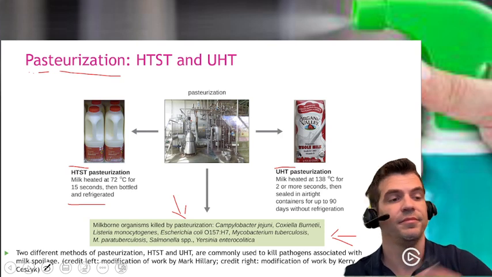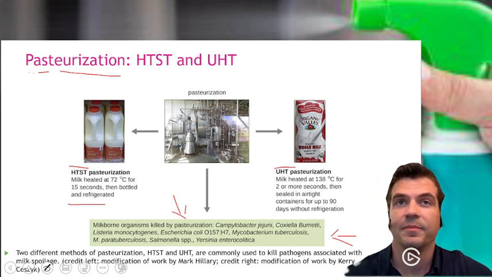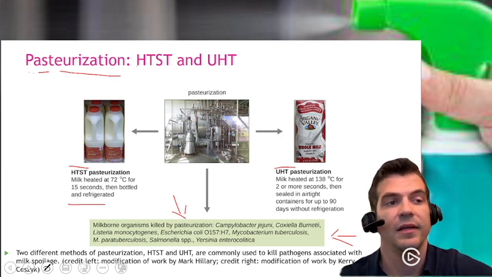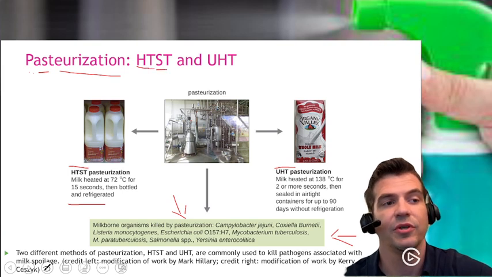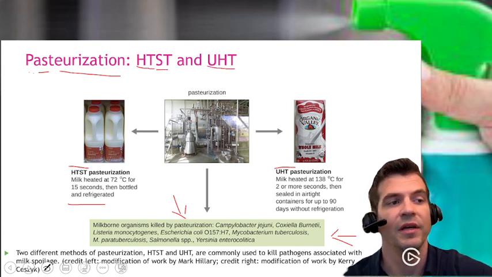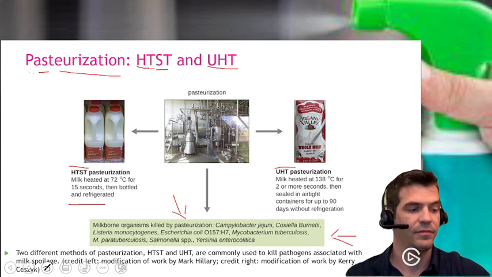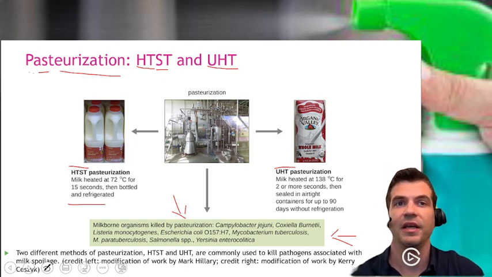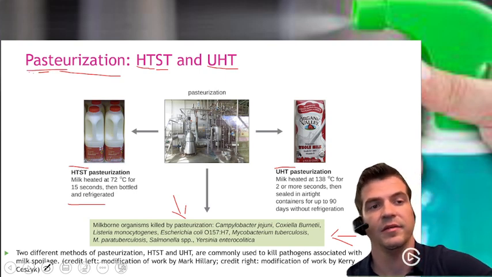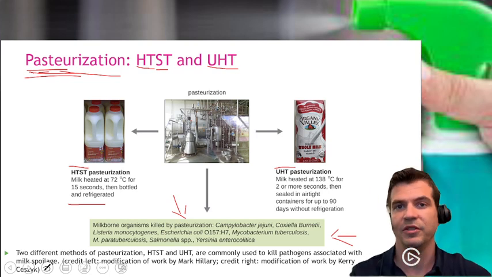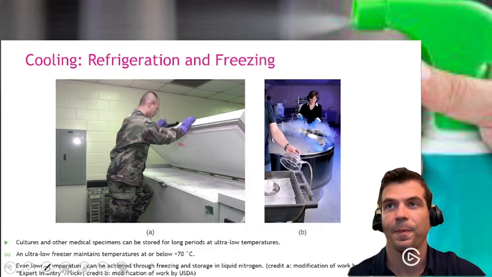Okay, so high heat, high temperature, short time; ultra high temperature. So HTST and UHT pasteurization. And this method, of course, was first developed by Pasteur, the guy who debunked spontaneous generation.